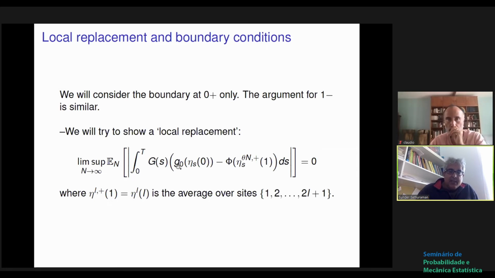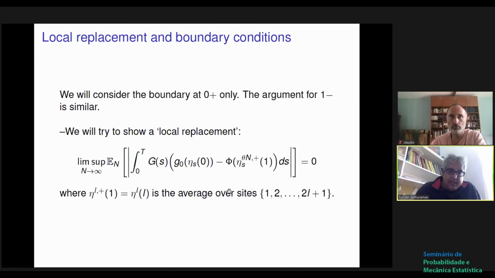So G0 has an n to the minus beta times G. And we're going to say that this function of the particle number at the slow site is close to the fugacity of the local density just next to it. That's the main thing.